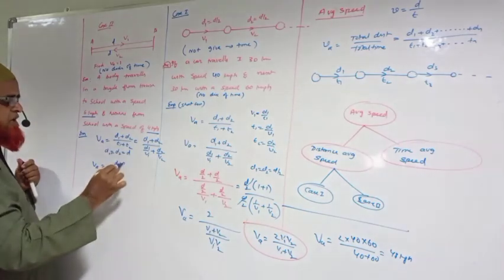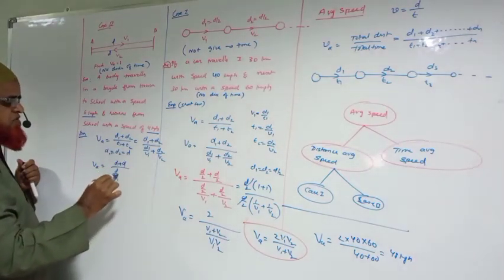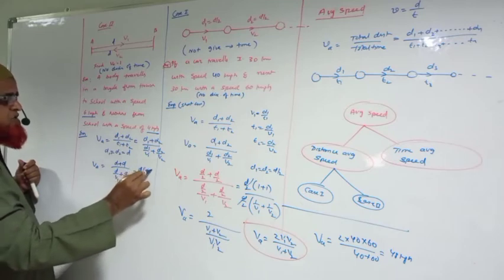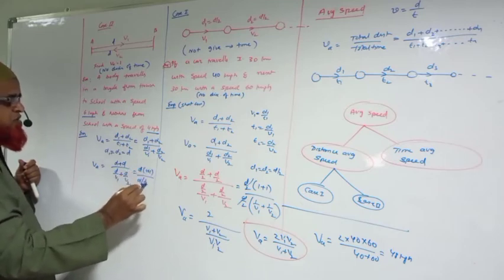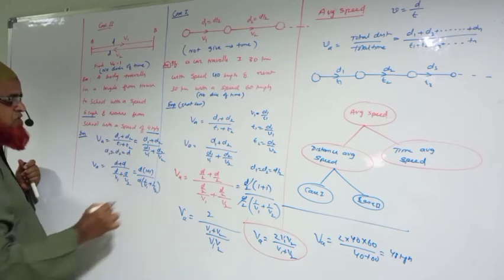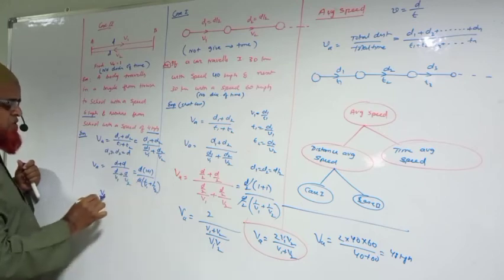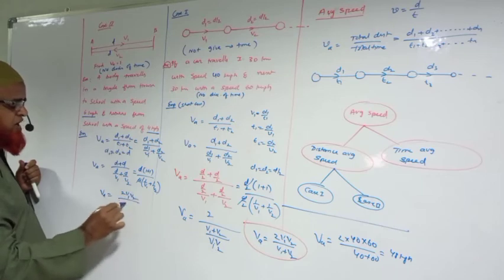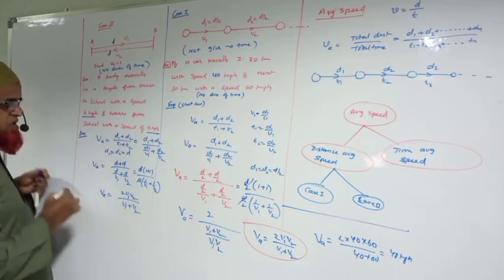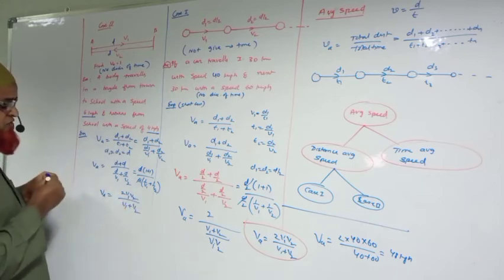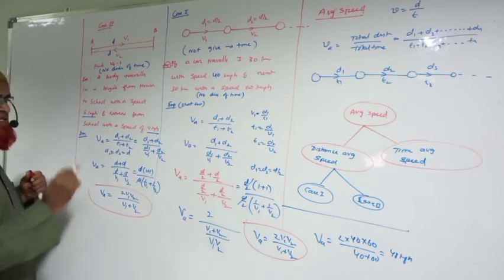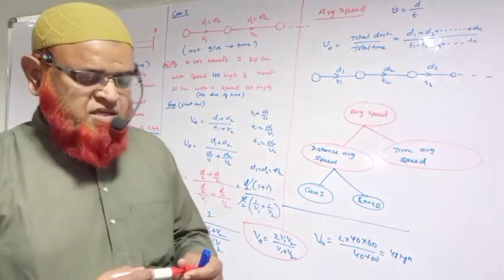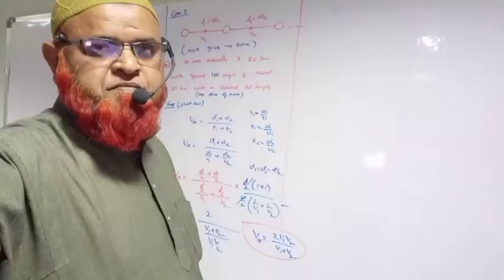So d plus d by v1 plus d by v2. So d if you common out 1 plus 1, here d if you common out 1 by v1 plus 1 by v2. So d gets cancelled. V average is equal to 2 v1 v2 by v1 plus v2. The same formula we are getting. Formula is same but situation is different here in this case.